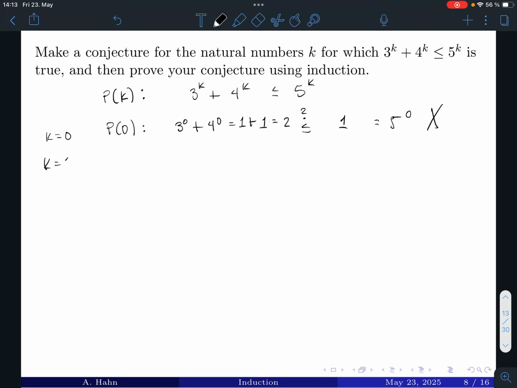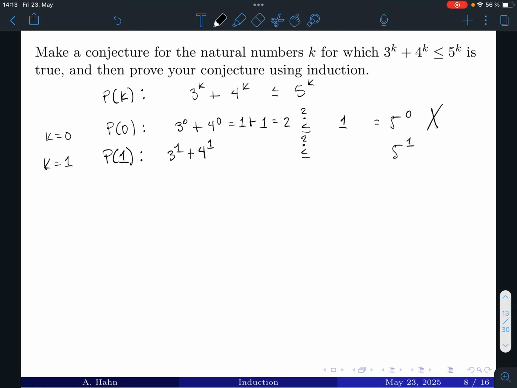So let's try 1. So the predicate on 1 is going to be 3 to the 1 plus 4 to the 1. And then our claim is that that's less than or equal to, question mark, 5 to the 1.